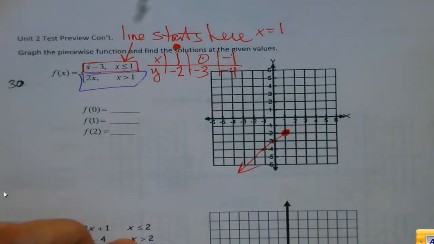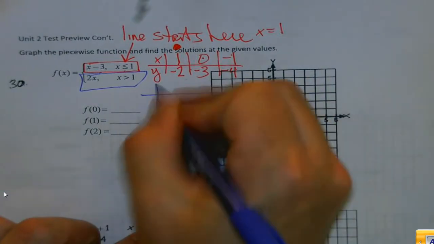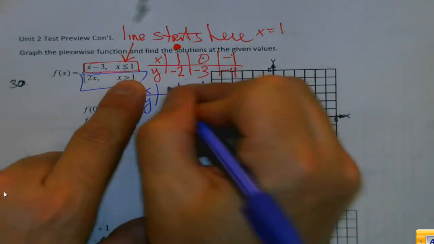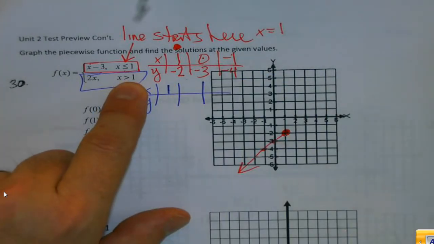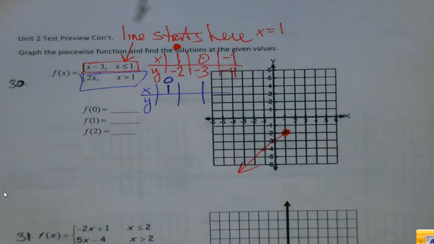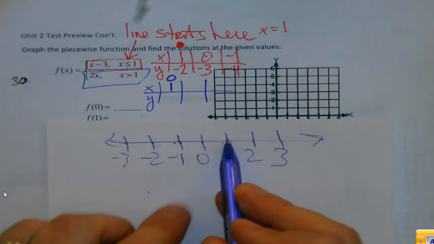Same concept for the second one. Make me a little chart. Where am I starting? Still starting at 1. But it's just greater than. Open circle. X is greater than 1. Greater goes to the right on a number line.